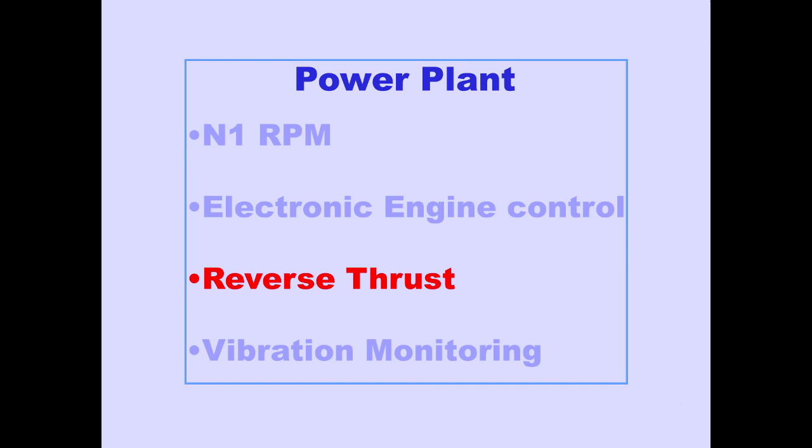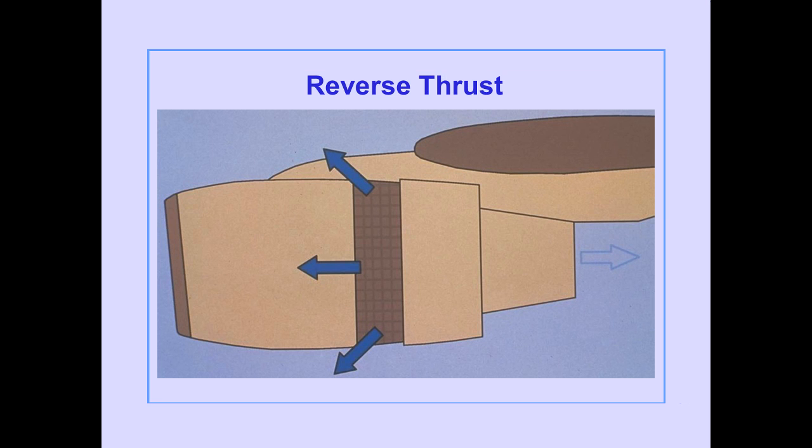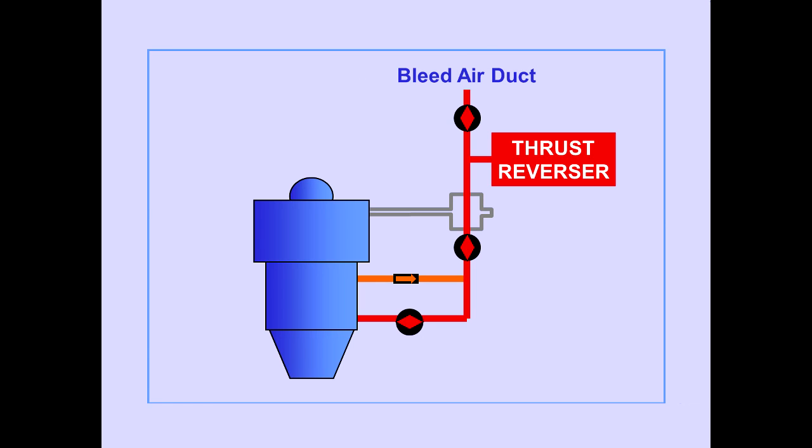Now, let's look at reverse thrust. Reverse thrust is accomplished by directing fan air through fixed cascade reversers. Bleed air from each engine powers its respective thrust reverser.